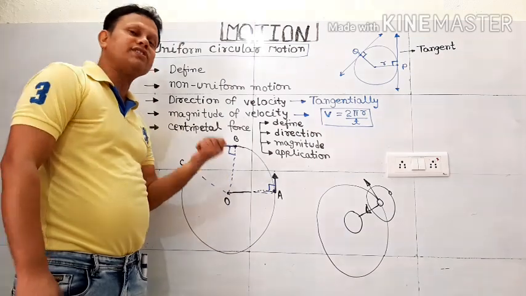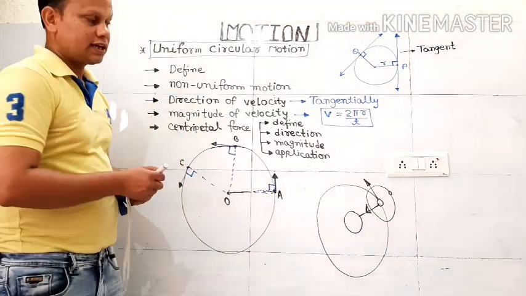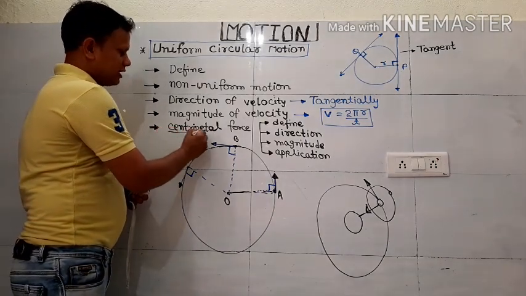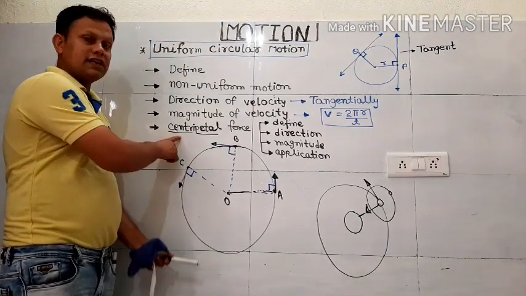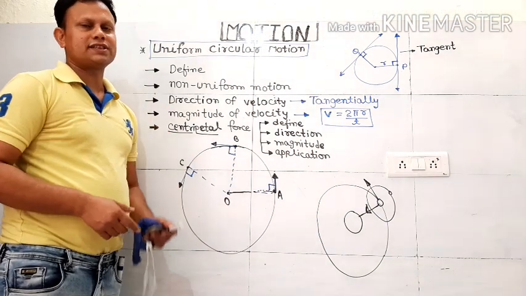But in its name itself, some more information is hidden. If we divide the whole word centripetal, centri means center and petal means seeking, towards.